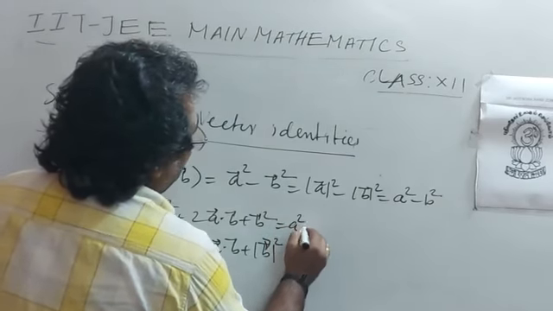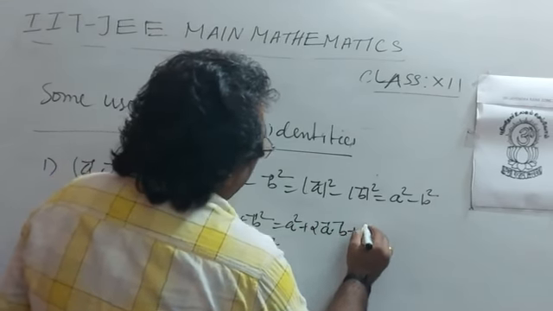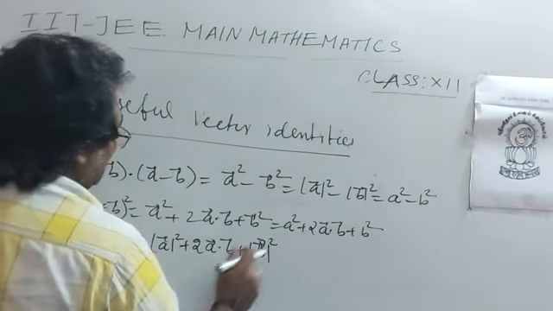So equal to A squared plus 2A dot B plus B squared. A square means small a whole square, 2a dot b, small b whole square.